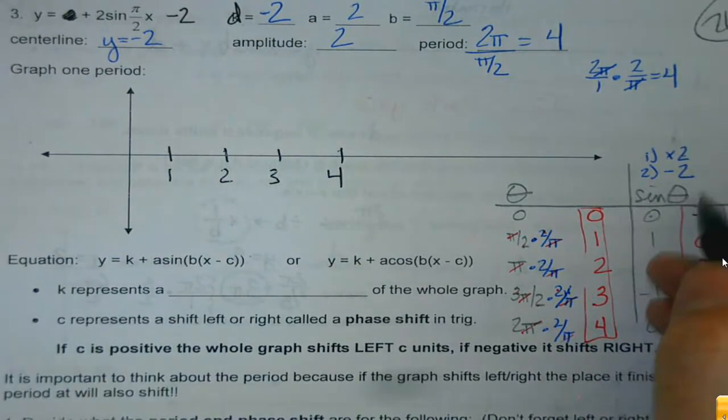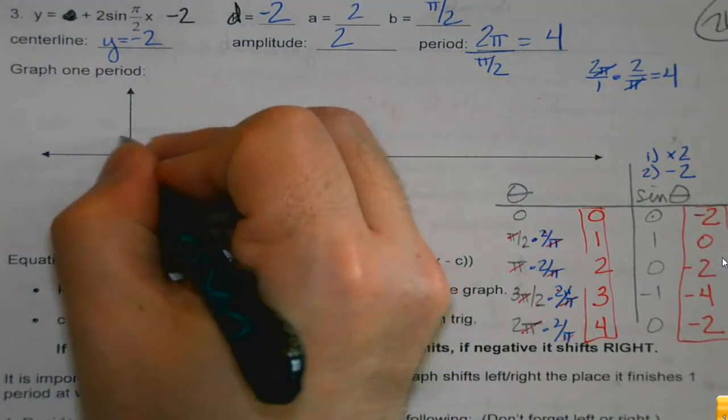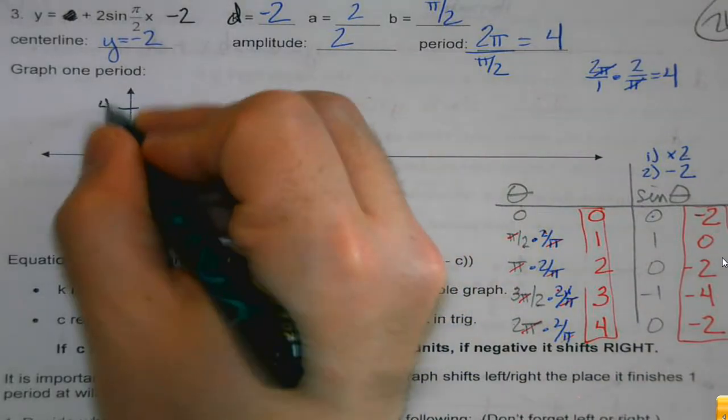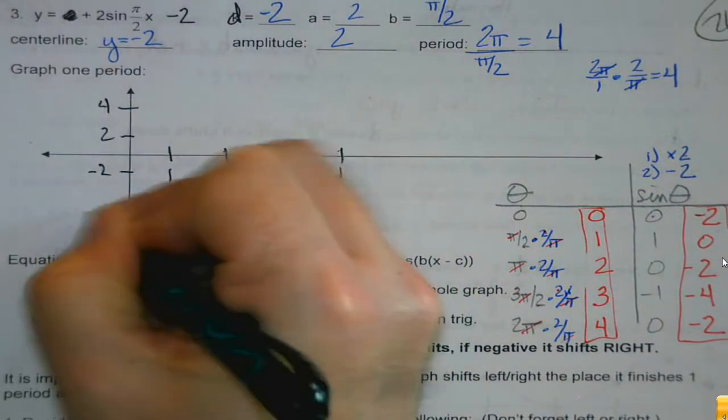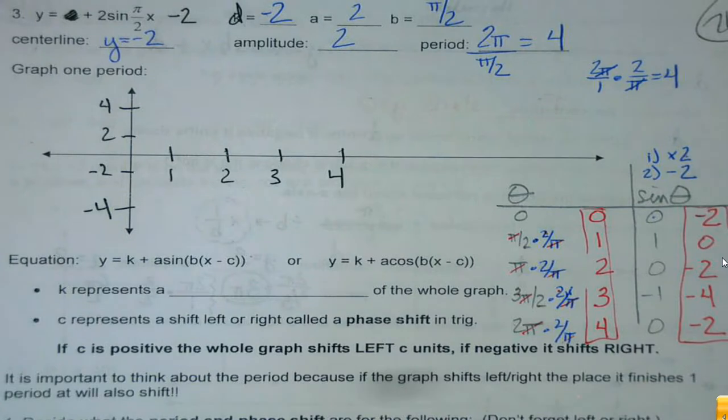And I see everything in my values is multiples of 2, so I'll just go ahead and label my axes that way. So once we get those in there, let's see here.